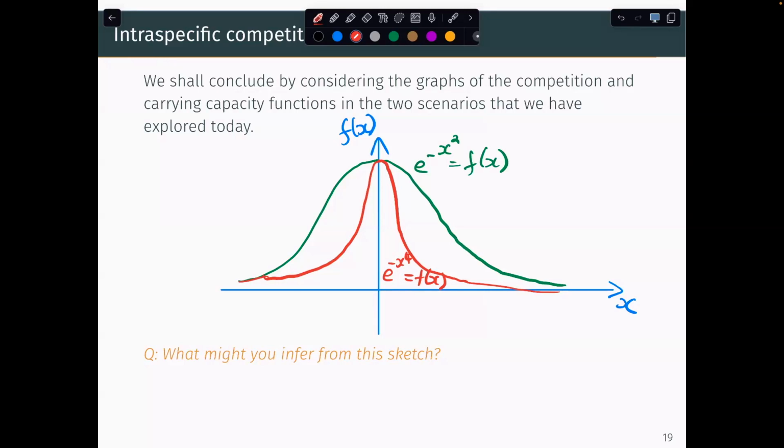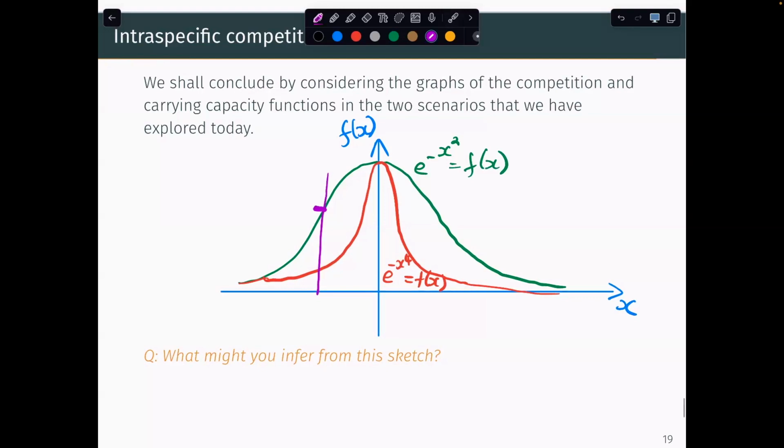Whereas when competition between moderately similar phenotypes is very small, imagine taking a slice through here, and seeing the strength of competition on the red curve is much lower than the green curve, or whatever these values happen to be. It's saying something about the nature of competition leading to stability. And it's saying, well, the narrower this competition function is, the easier it is to get stability.